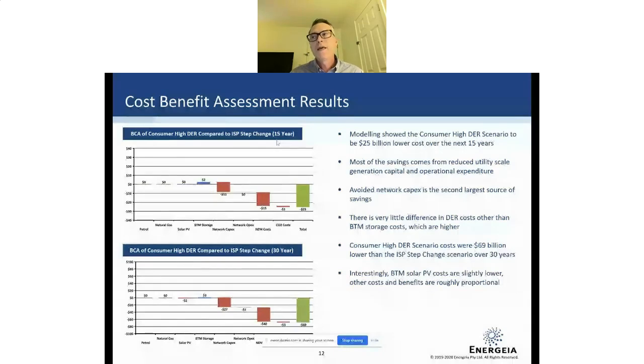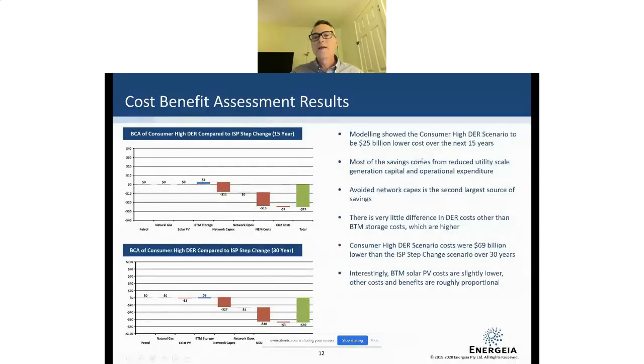And the thinking is, to the extent we're able to unlock or remove the barriers that the report identified to achieving this sort of an outcome, and that the DER prices indeed follow the current trajectory and not AEMO's ISP scenarios, then this is the outcome that we would expect to have.